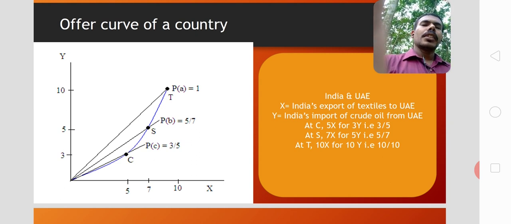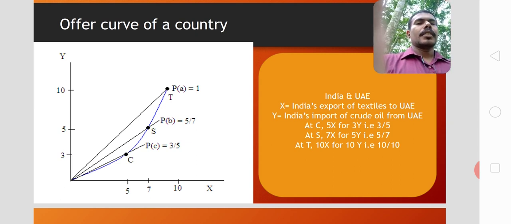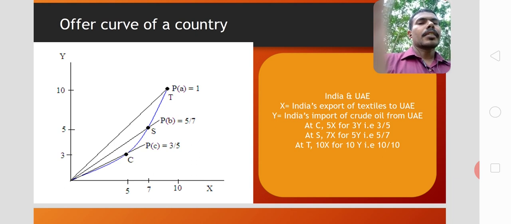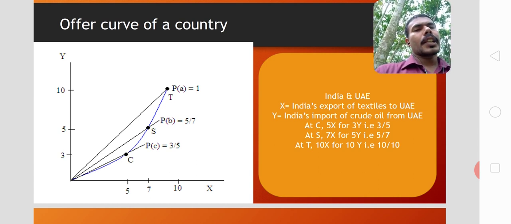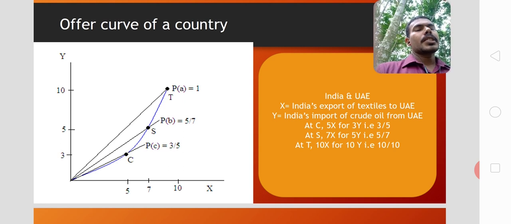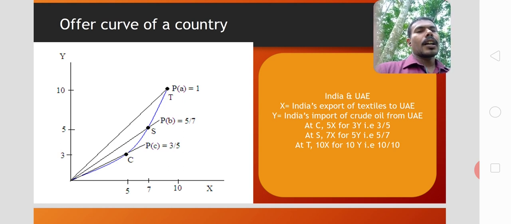But coming to the last one, that is point T. At point T, India receives 10 units of crude oil, and in return India offers 10 units of textile commodities. So 10 by 10 is 1. That means terms of trade is 1 or 100 percent.